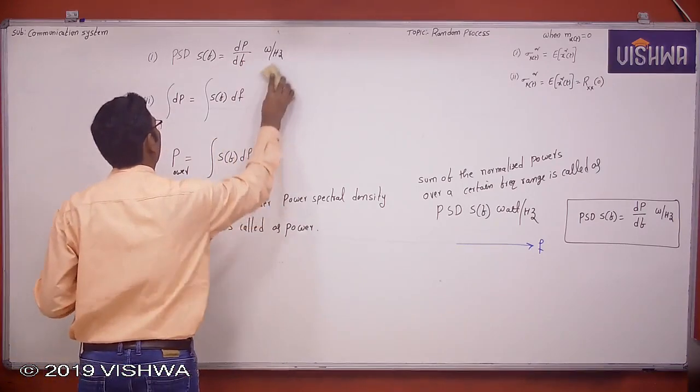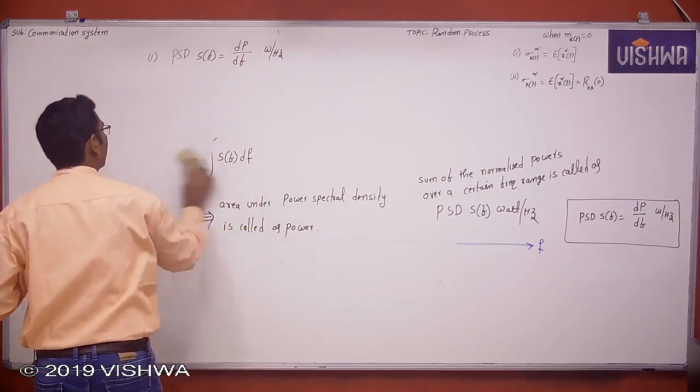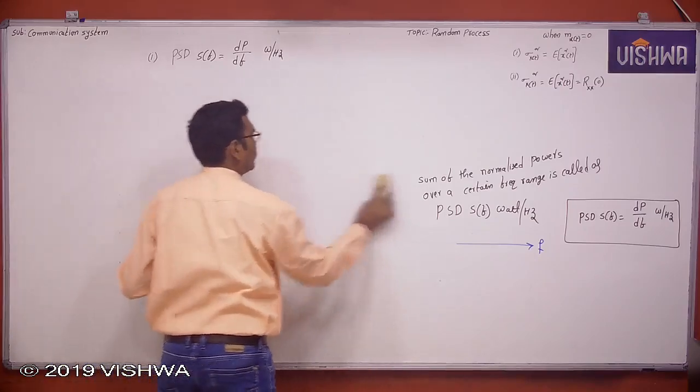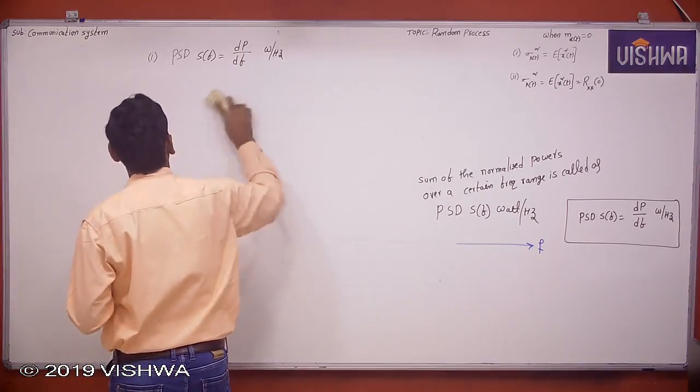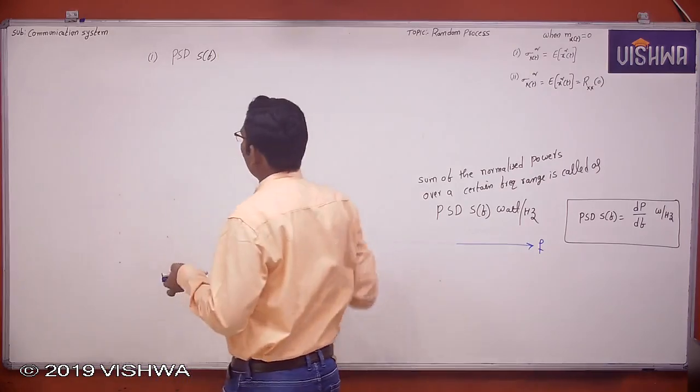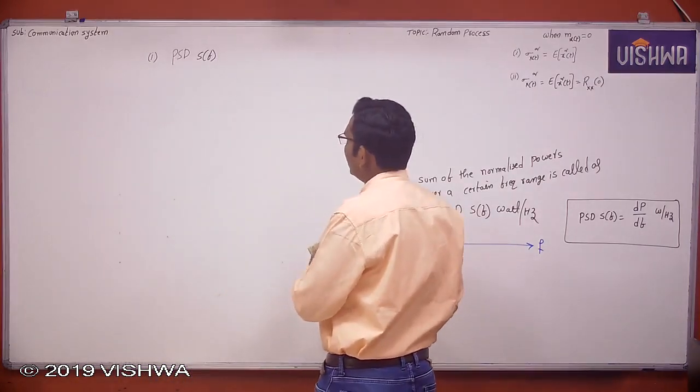Now see here. Can I write like this? From this example, what is the power spectral density definition?